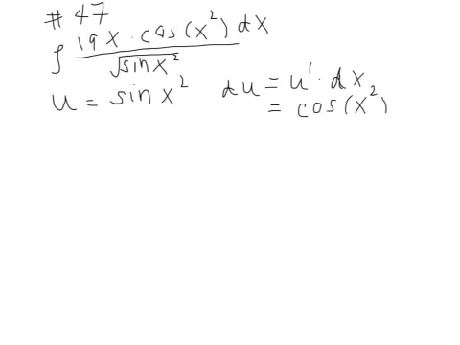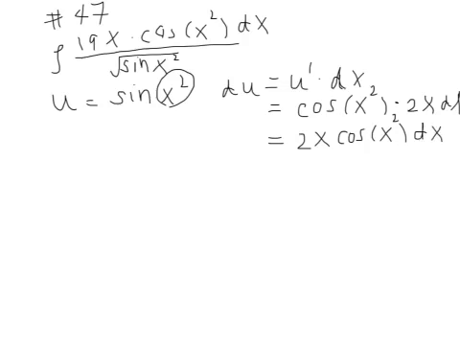But then the chain rule, right? Because this is the inside function, the chain rule tells you that you need to times 2x here, the derivative of x squared. So you got your du, which is just 2x cosine of x squared dx. So that's your u, and this is your du.